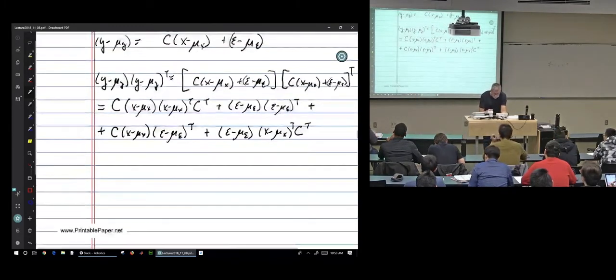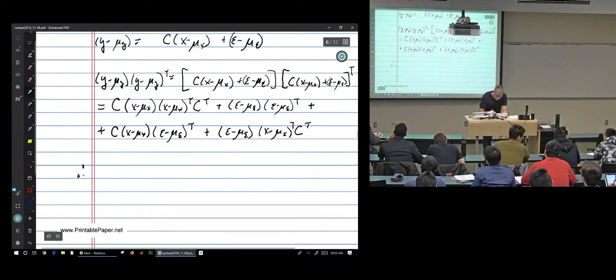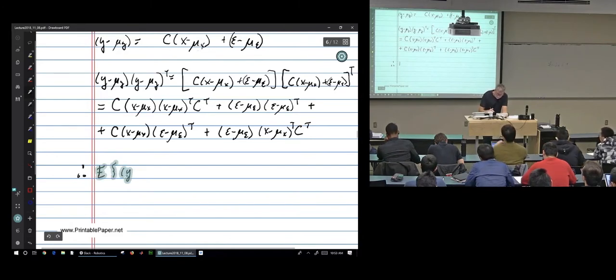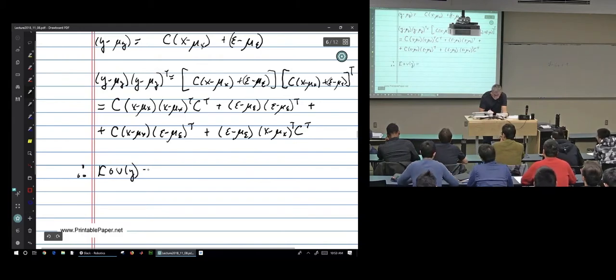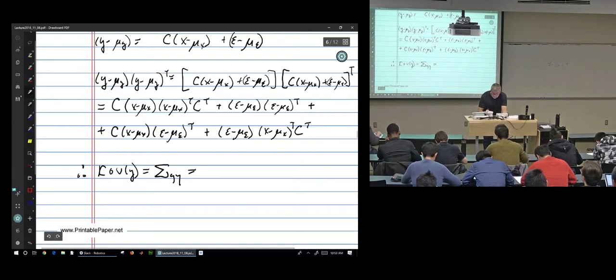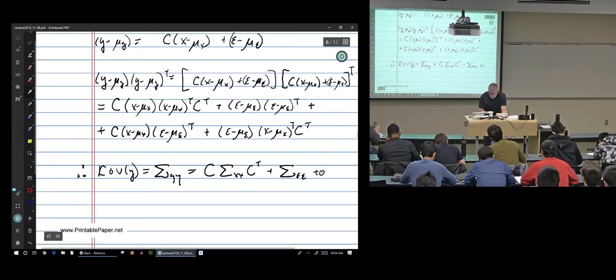Let's just write it down this way. The covariance of y, which I'm going to call sigma yy now, is equal to c sigma xx c transpose plus sigma epsilon epsilon, and then plus 0 plus 0.